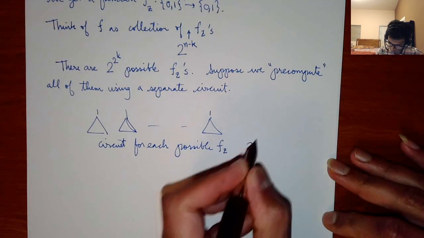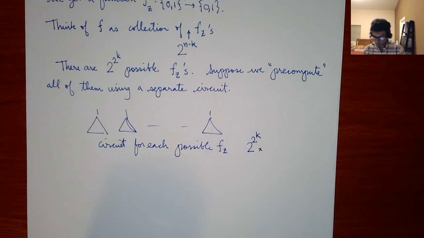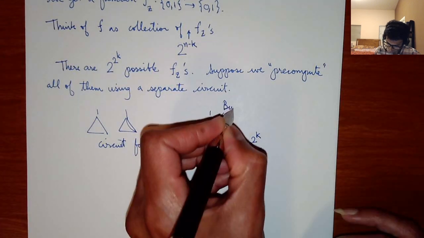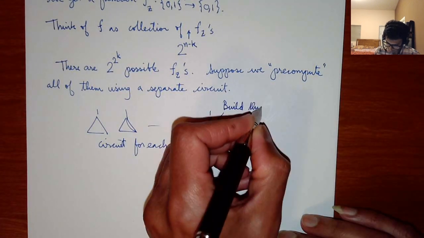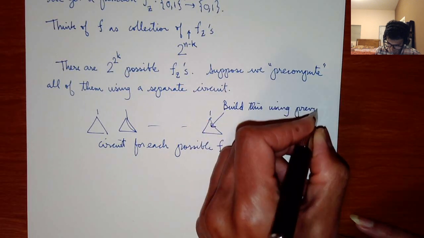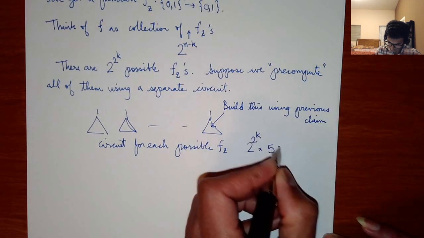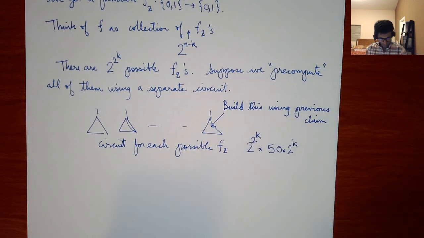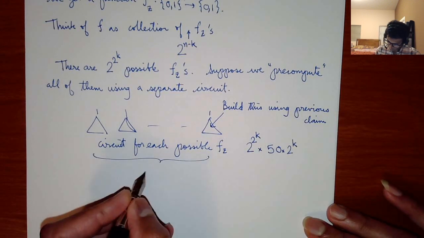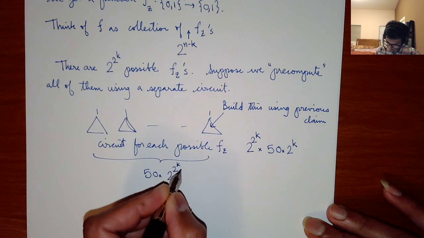There are 2 to the 2 to the k circuits times the circuit size for each of them to build this, using the previous claim, 50 times 2 to the k. So the size of all of this is 50 times 2 to the power 2 to the k plus k.